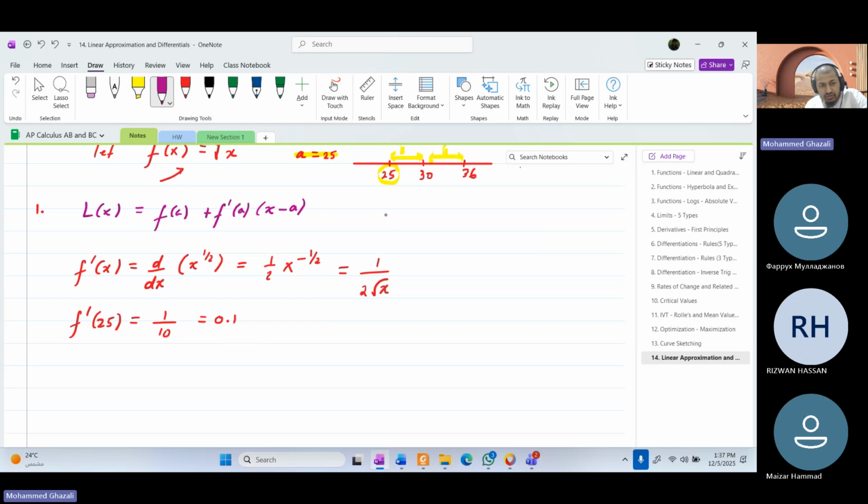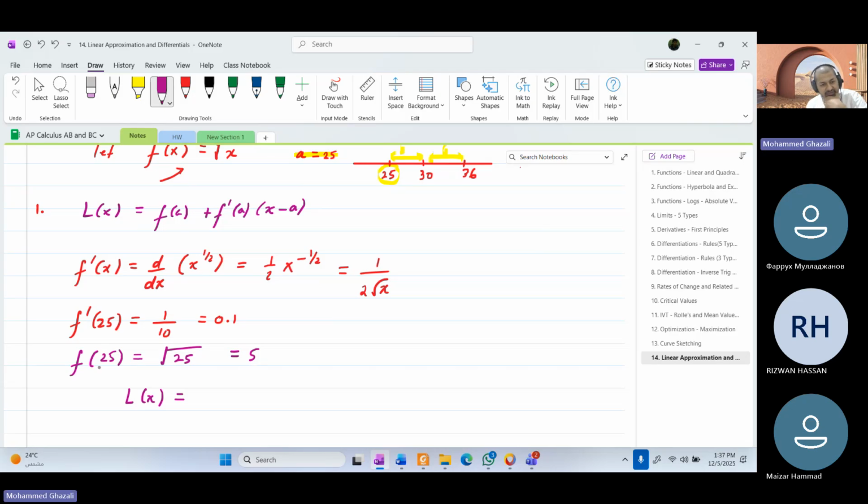After I get that, I also need to compute f of a. What's f of 25? You substitute into the original function, which is just square root of 25, which is 5. So now I can get the linearization function, which is L of x. What's f of a?